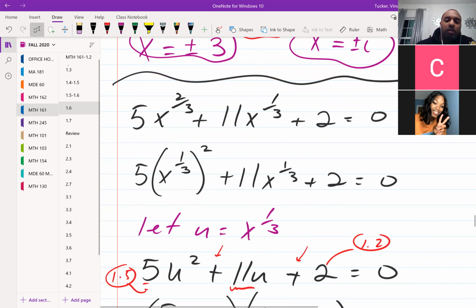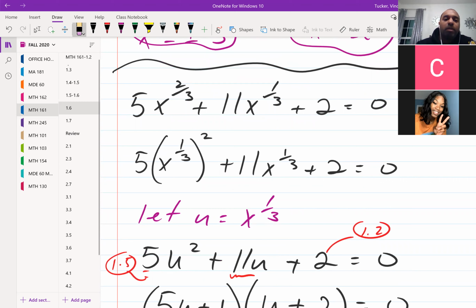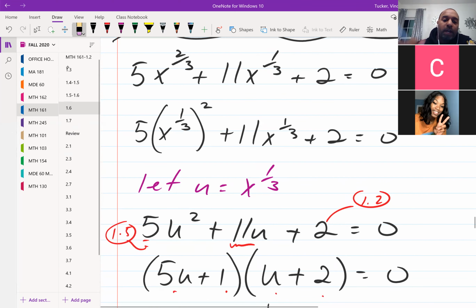All right, so that'll be 5u squared plus 11u plus 2 equal to 0. Factor that out, that'll be 5u plus 1, u plus 2.